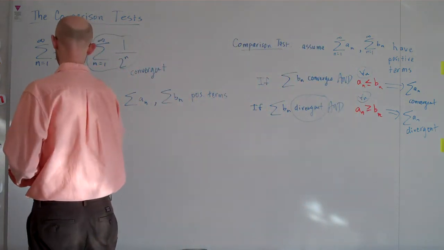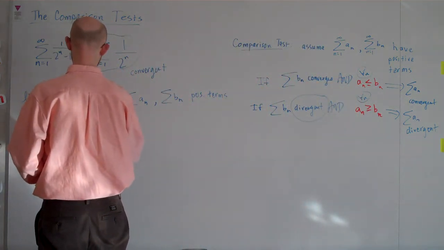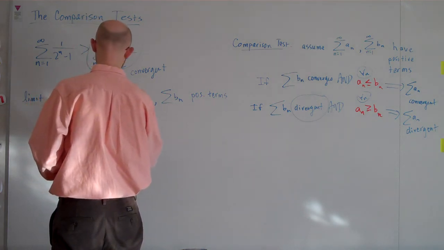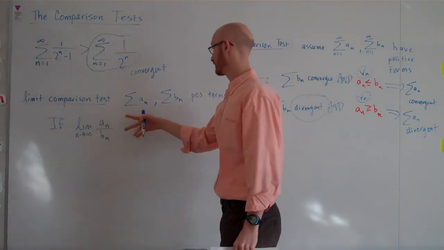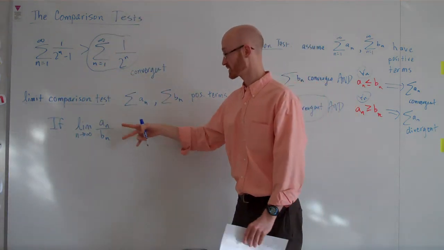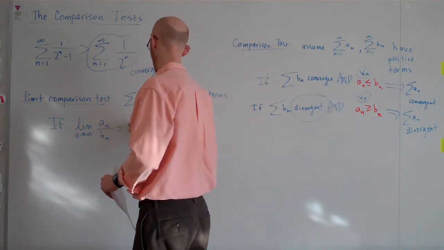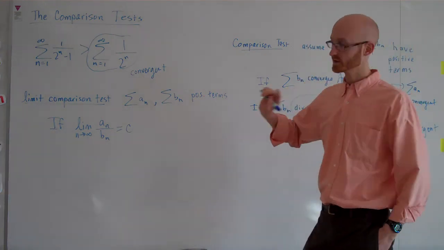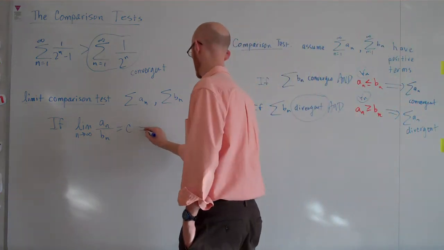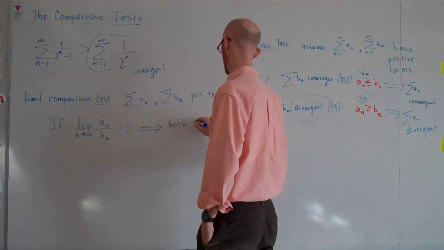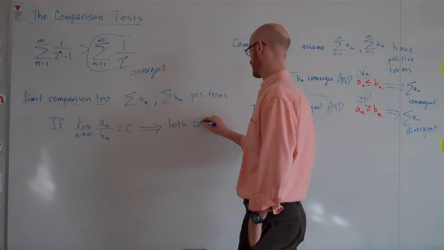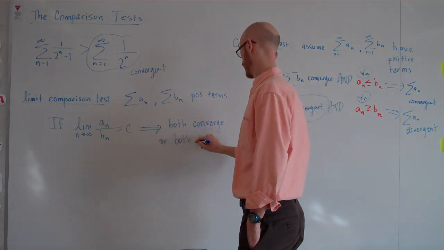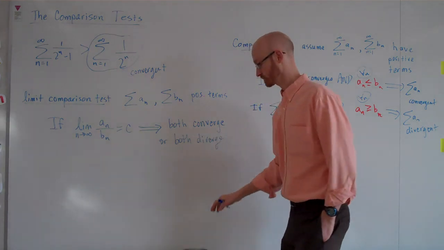What the limit comparison test really says is if you take the limit as n approaches infinity of the ratio of the sequences, not of the series, but just of their respective sequences, and that goes to C, in other words, converges to some C, and this thing is going to imply that either both a sub n and b sub n converge, or both diverge.